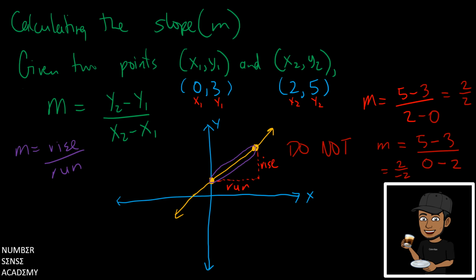So I want to find the ratio of the rise to the run. Because I'm dealing with 2 points, the x values tell me the distance in the direction of x, and the y values go in the direction of y. So I need to know the difference in the direction of y compared to the difference in the direction of x.